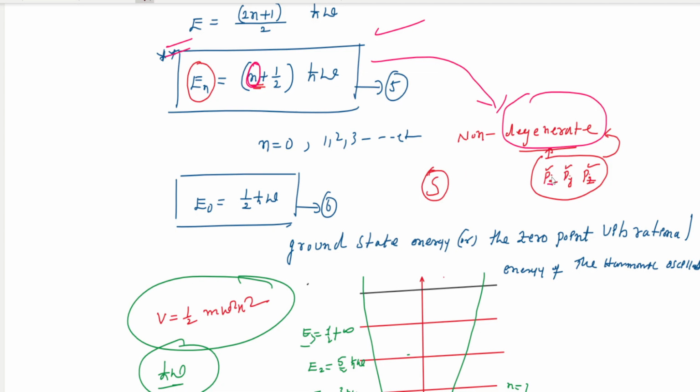In the degenerate case, the wave functions are different and the eigenvalues are the same. In the non-degenerate case, for example an s state, the wave function is one and the energy value is one. There are no two energy levels or two wave functions. That type of energy state we call non-degenerate.